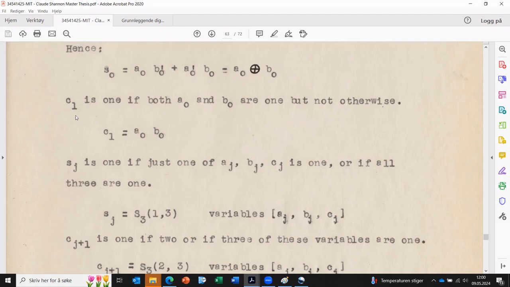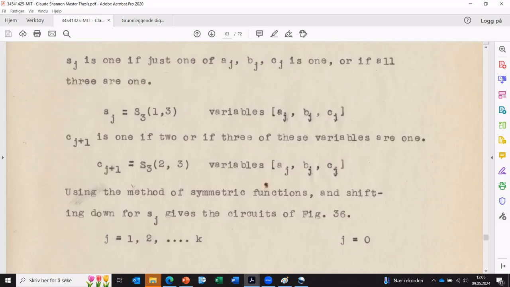And the carry C1 we get if both A0 and B0 are 1. That means we have an AND function here between A0 and B0.